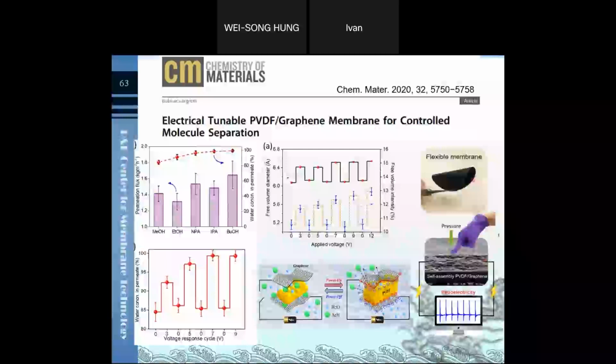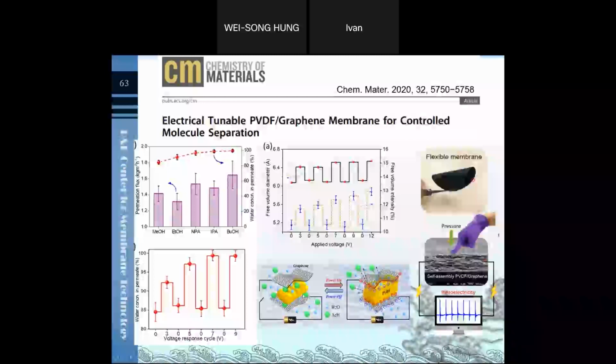When we provide the charge to the membranes, the PVDF part will swell. When the charge is changed, it can return to the original. So we can control the interface channel with different voltage, different charge.